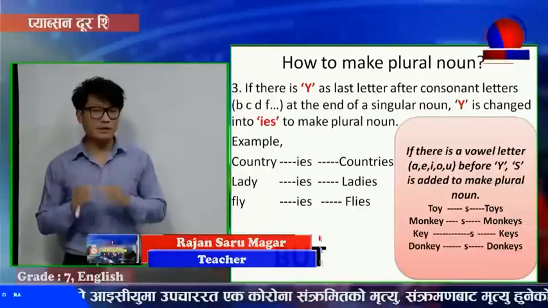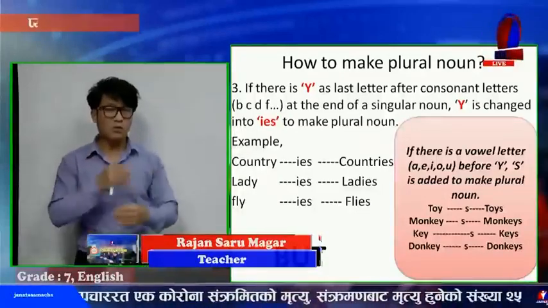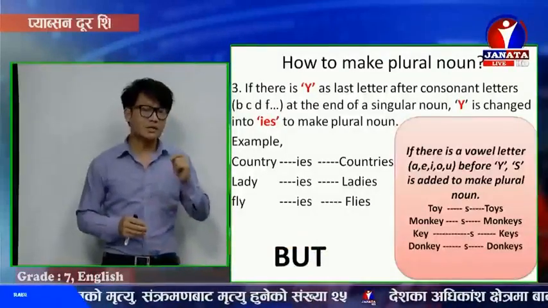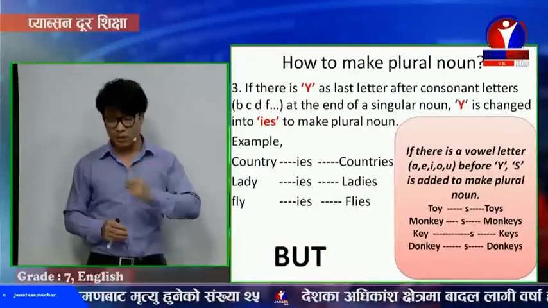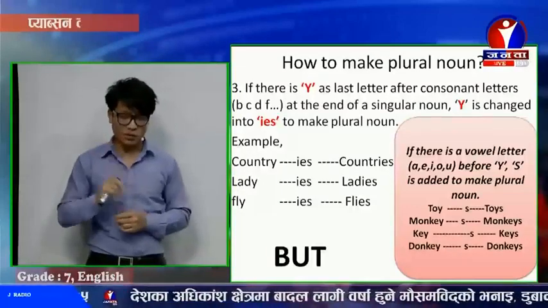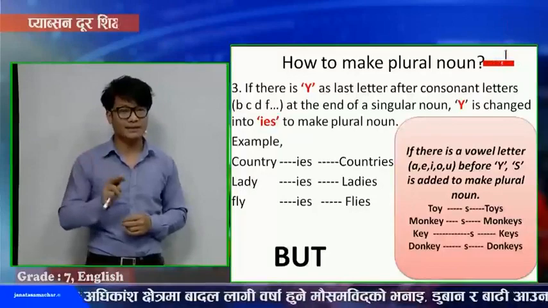If there is a vowel letter before Y, S is added to make a plural noun, like T-O-Y, toy, and we need to add S, and it becomes T-O-Y-S, toys.